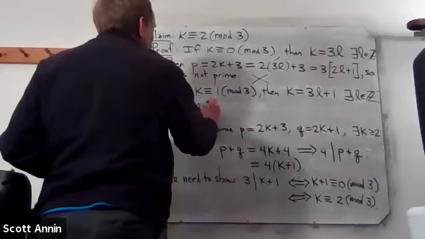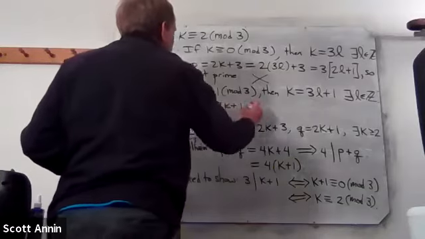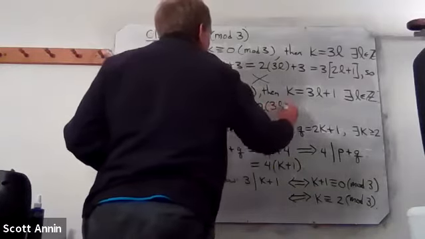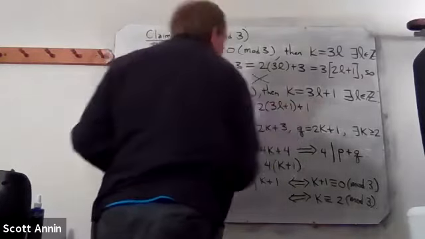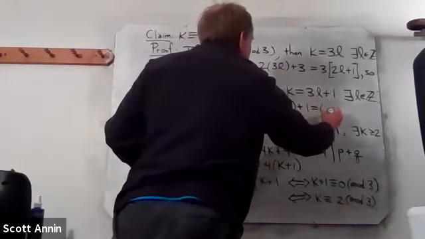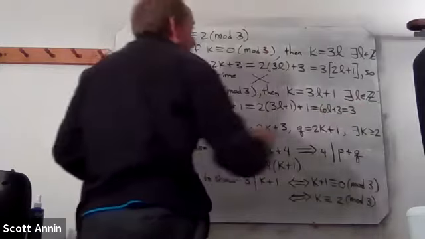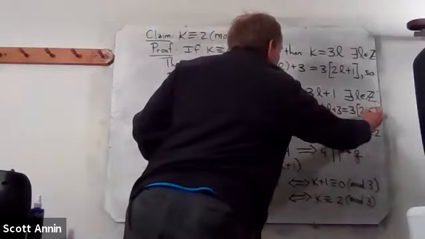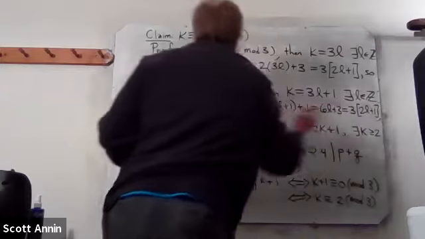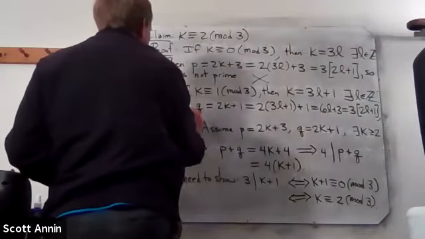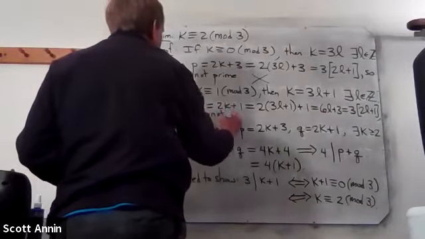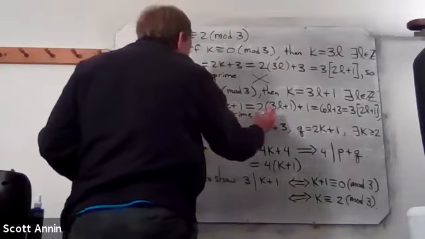So q, which was 2k plus 1, becomes 2 times 3L plus 1, and that is 6L plus 3. And again, I can pull out a 3, and it leaves me with 2L plus 1. And so q is not prime. And that is a contradiction again.